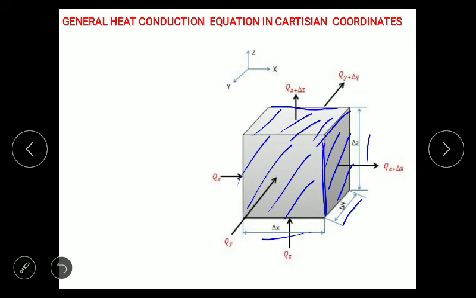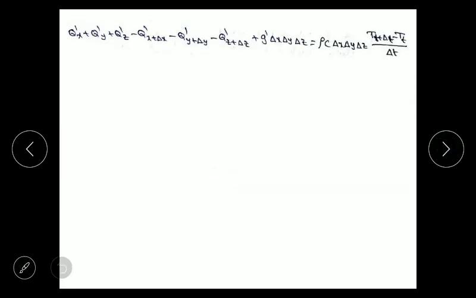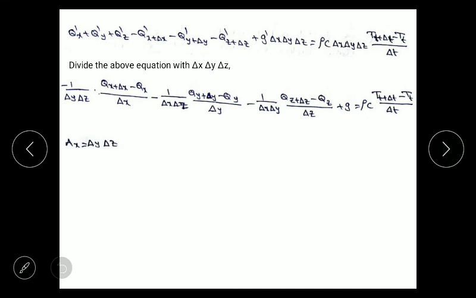So az equals delta x into delta y, the same as indicated here. Ax equals delta y into delta z, ay equals delta x into delta z, az equals delta x into delta y.